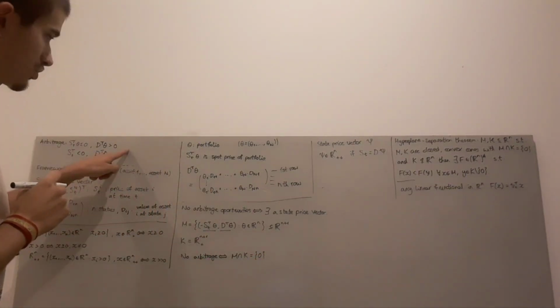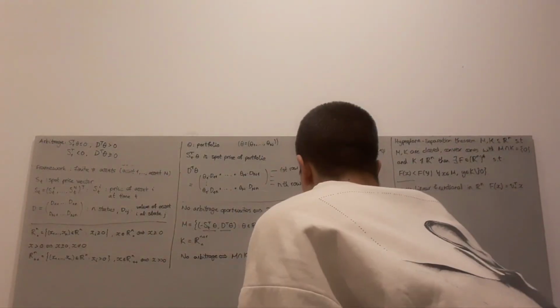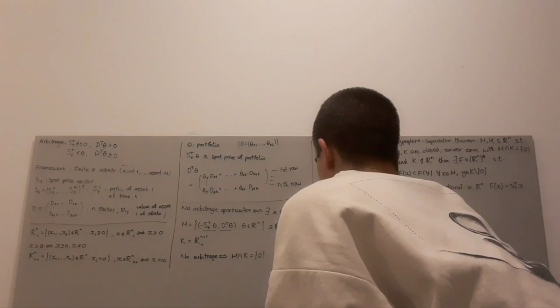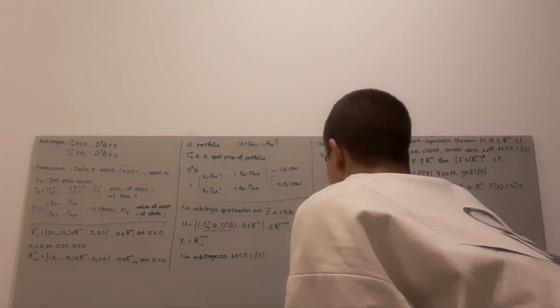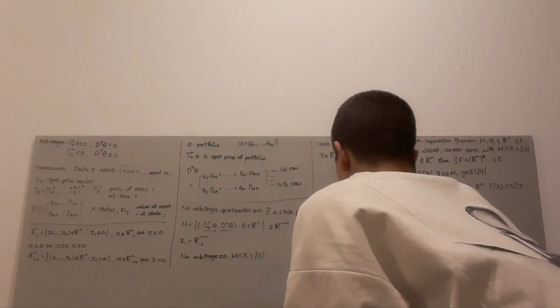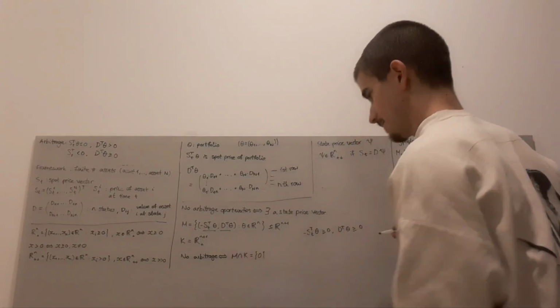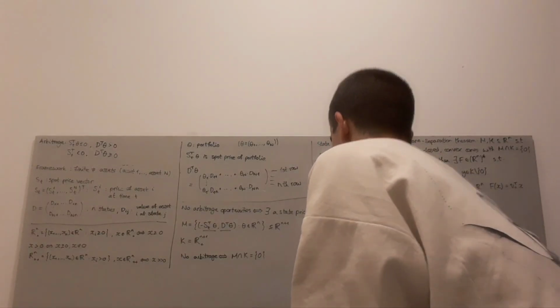Well, suppose there's no arbitrage. Then any vector such that minus S_t transpose theta is greater than or equal to 0, and D_t theta is greater than or equal to 0, that is, the intersection of these, is going to be such that this is more than or equal to 0.